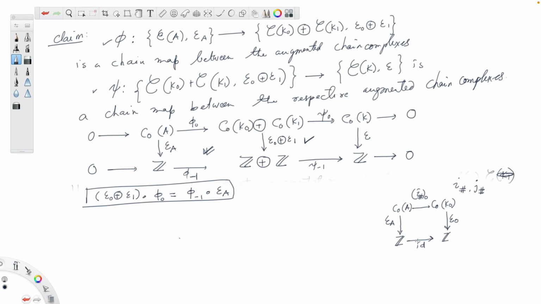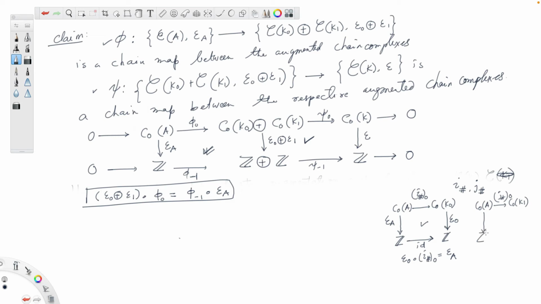Okay, so this is a commutative diagram. It can be easily seen to be a commutative diagram by using the definition of augmentation map, which means that epsilon 0 composed with the homomorphism I hash at 0 is equal to simply epsilon A. And another thing is that J hash is also augmentation preserving, meaning that the following diagram commutes: C0 of A to C0 of K1, and this is J hash at 0.